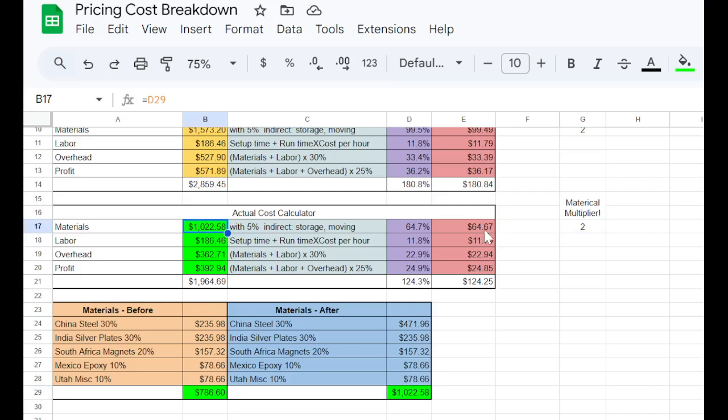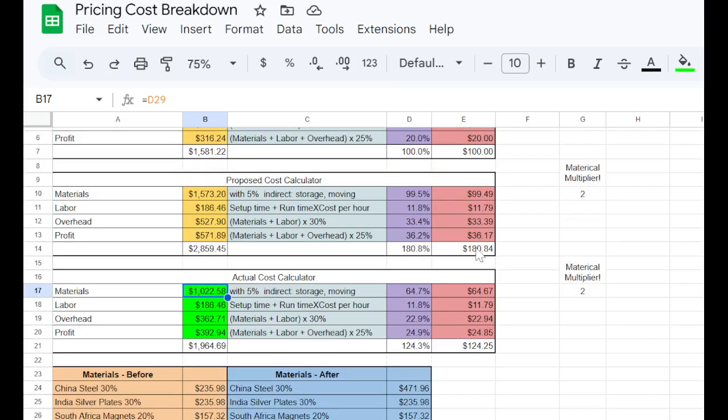We see that we'll have to charge $124. Now before, when all our materials doubled, we had to pay $180. But if just the price of China doubles, we'll pay $124. So again, the doubling of China does not double what we pay.